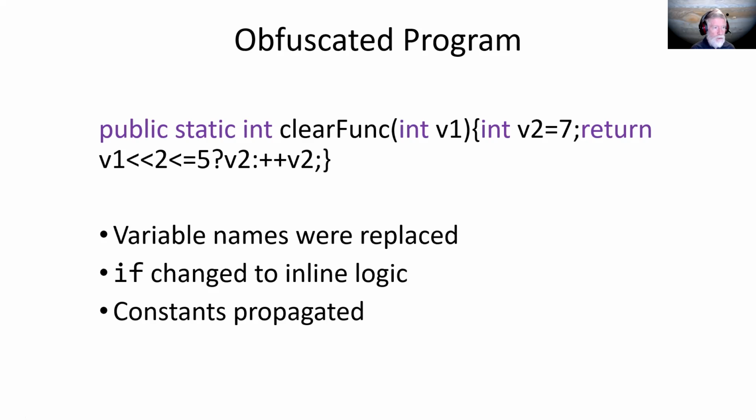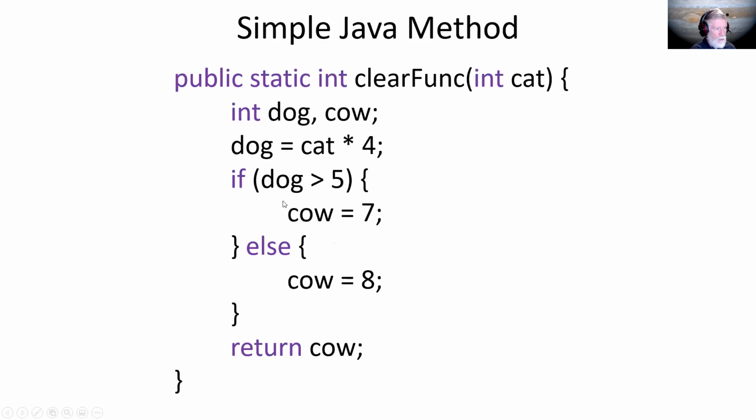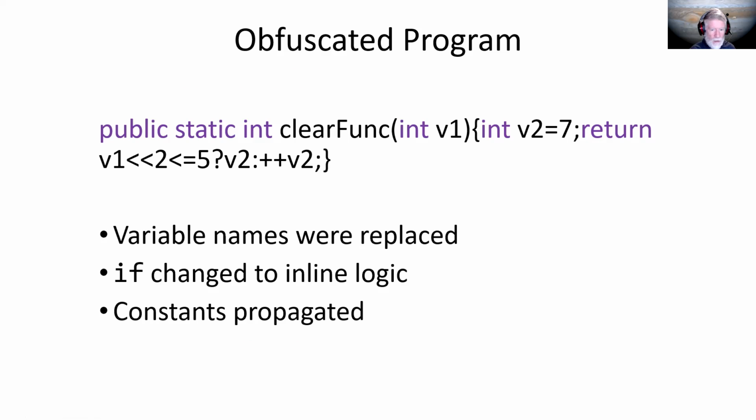Instead of my usual animals, and those of you who've had me in Comp 163 know I usually use animals, we replaced them all with variables v1, v2, no information there. And then there was an if statement in the previous program. There's a big if there, and there's no if statement here.